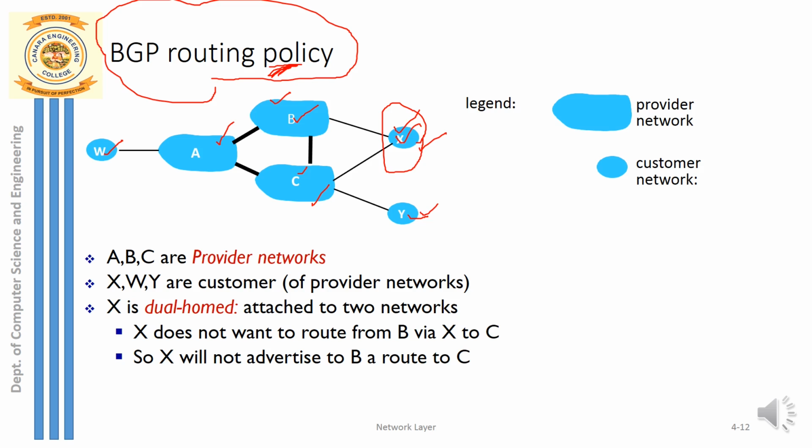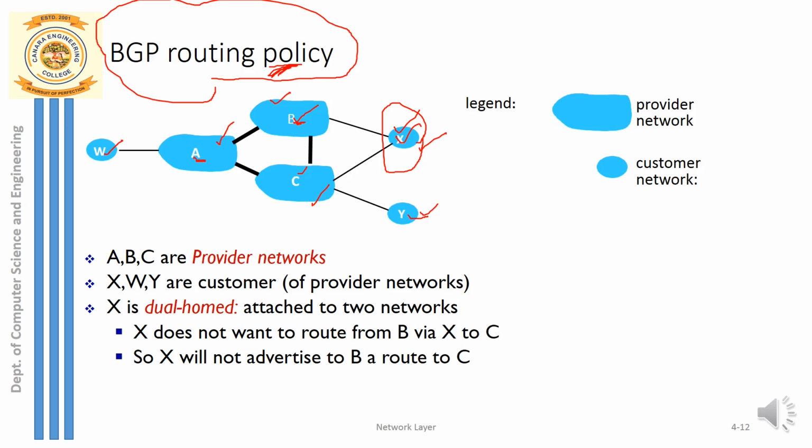We'll just see. Suppose here X wants to send a packet to B. Or else let me take the example in this way. Suppose here W is a customer, and W is actually reachable directly to the provider A, right?